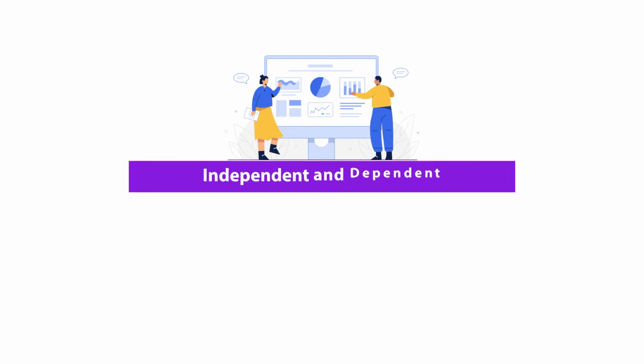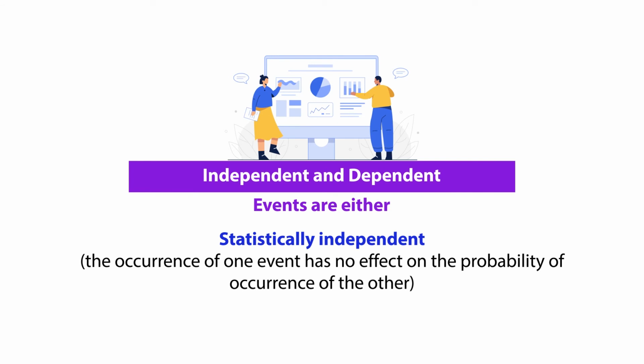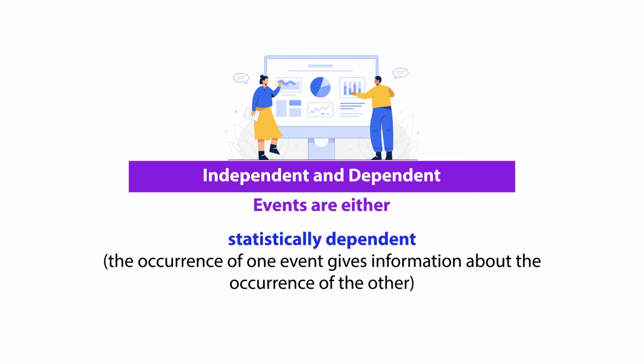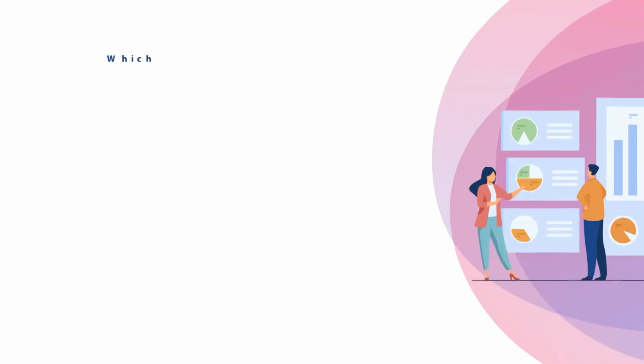Events are either statistically independent or statistically dependent. If you go more into statistically independent, the occurrence of one event has no effect on the probability of occurrence of the other. When you talk about statistically dependent, the occurrence of one event gives information about the occurrence of the other. Which are independent?